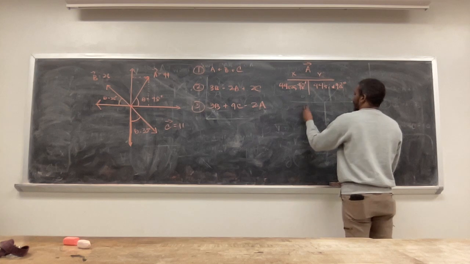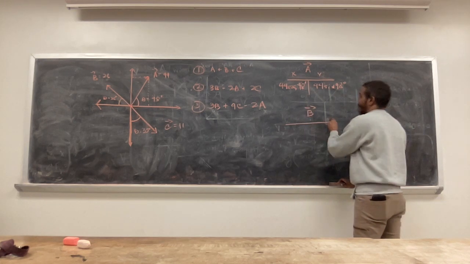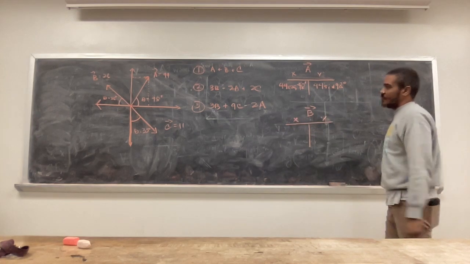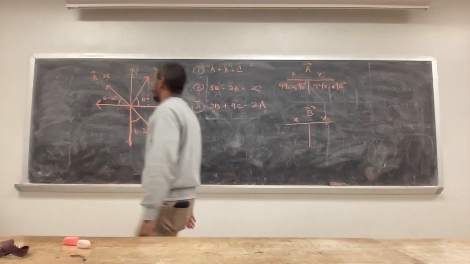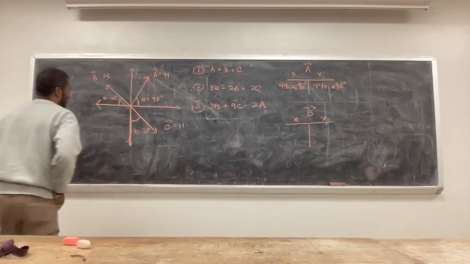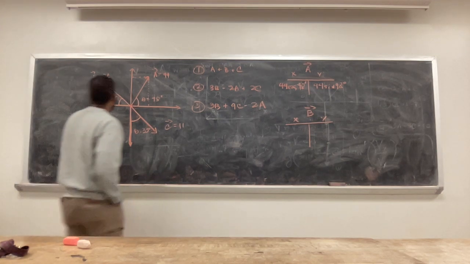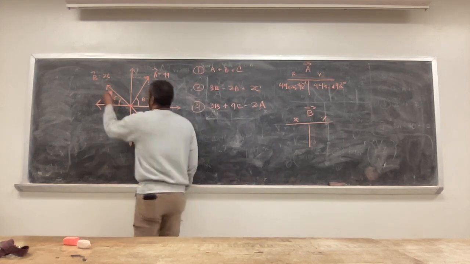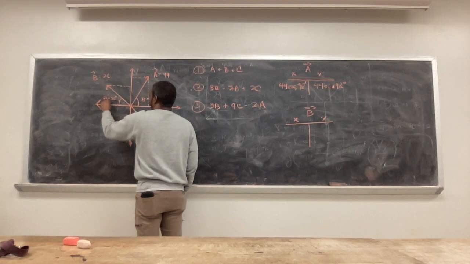Okay, B. How do we get X and Y components for B? This is v of x, this is v of y.